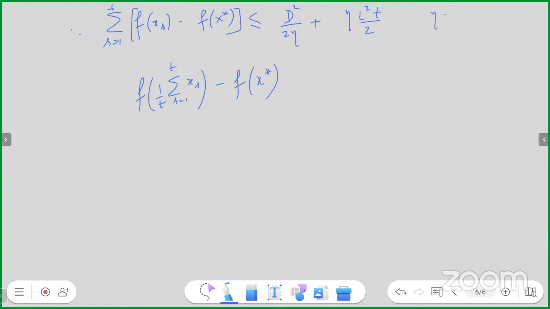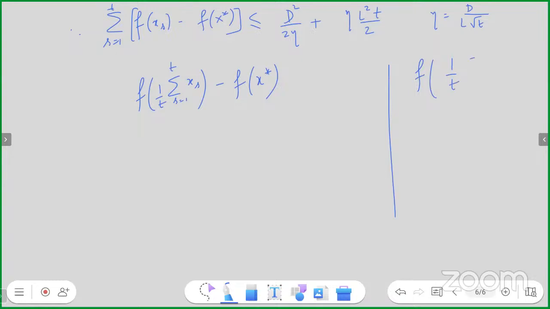Let's say eta is how much? This much is square root t, correct? D over L or L over D? D over L. Yeah, D over L. How do I pass this guarantee to this one? Yeah, it's convex. So we say that f of that average is at most the average of f at each of the points.